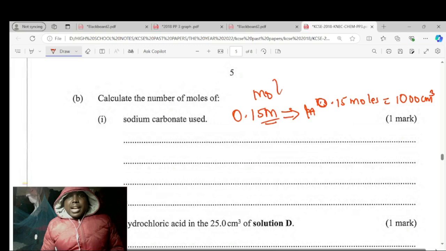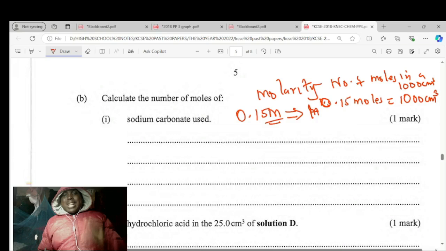So whenever you see 0 point something capital M, it is the number of moles in a liter.